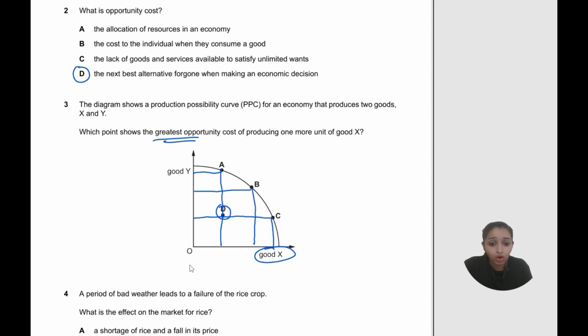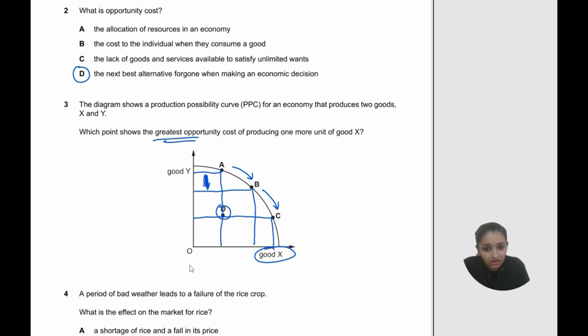That leaves us with point A, B, or C. Now, A cannot be the answer because if you're talking about the opportunity cost, you will be moving certain resources from good Y to good X. So you will be starting either from point A to B or from point B to C. Now just look at this. When you are moving from point A to B, look at the cost that you're incurring.